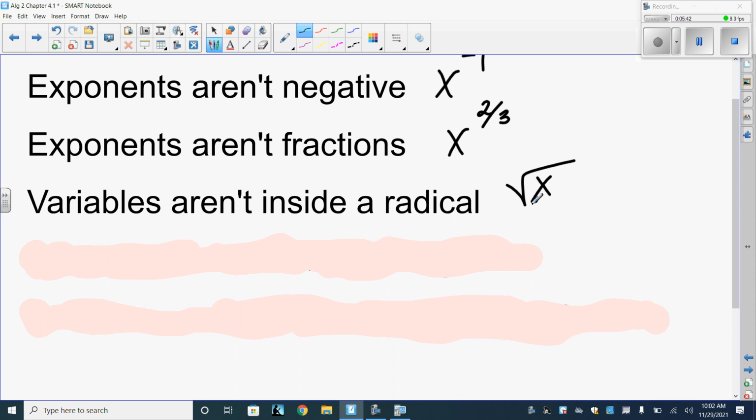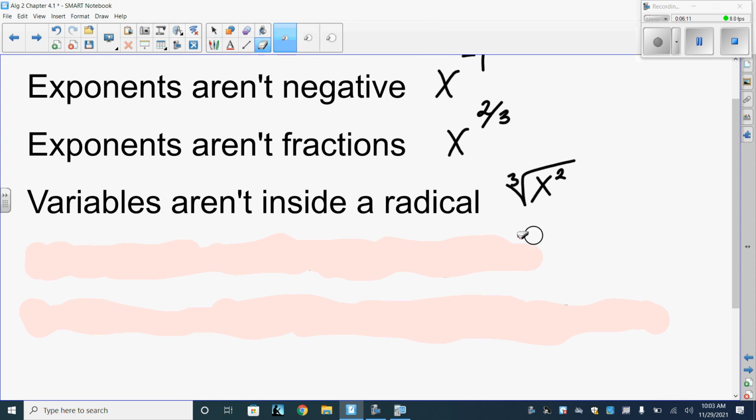Now they might be tricky, I don't think they will do this, but if they put the square root of x squared, well, what is the square root of x squared? X. So that's not really a case. It's really if we can't reduce the radical, the variable's still stuck inside like this here, so the cube root of x squared or the square root of x would not be considered a polynomial function. That would be a radical function.